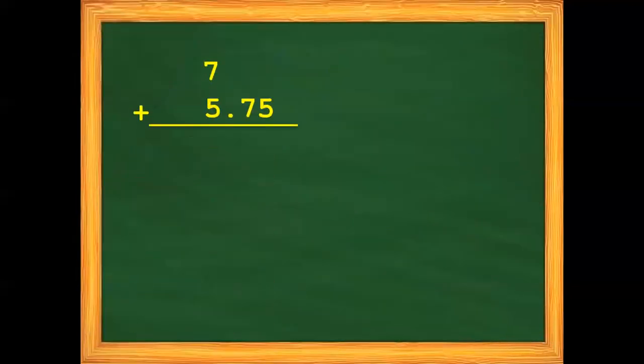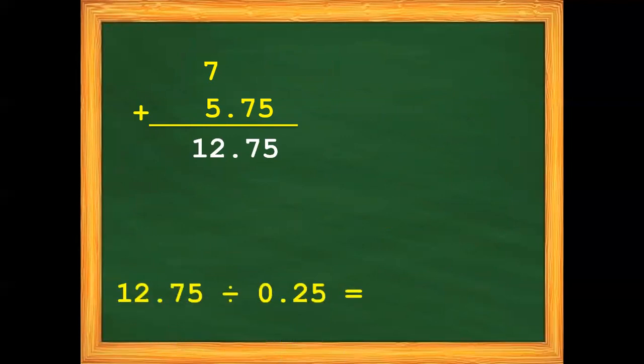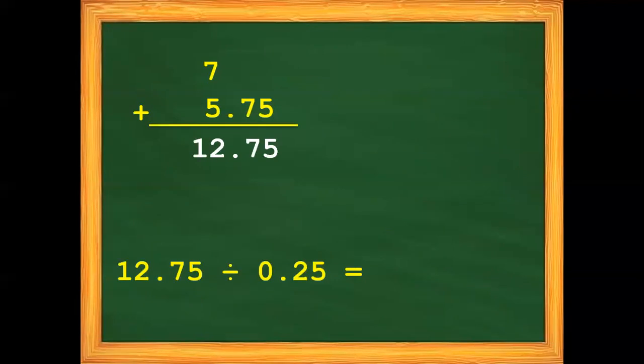So first, I have to add 7 plus 5 and 75 hundredths. So the answer is 12 and 75 hundredths. Then after that, we are going to divide 12 and 75 hundredths divided by 25 hundredths.